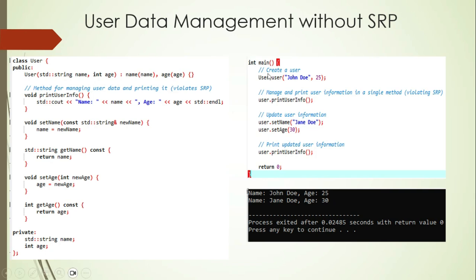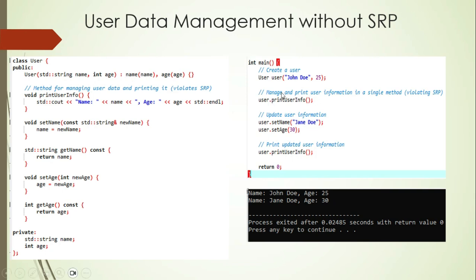If we come here in main, what does it show? It shows User. This means User is a class, and we have taken the user object here. Whenever it is created, the constructor will be called, and this data, name and age, will come here.